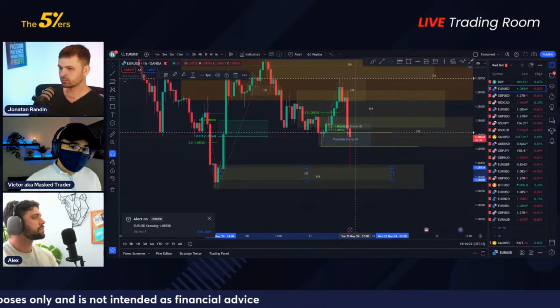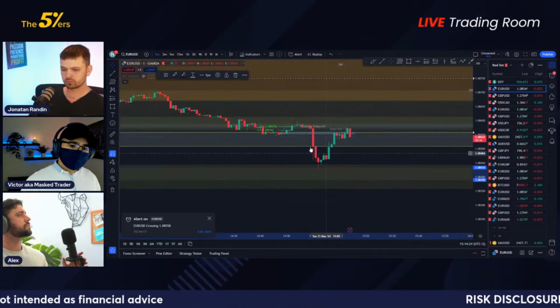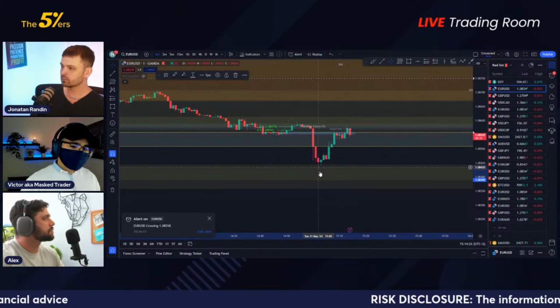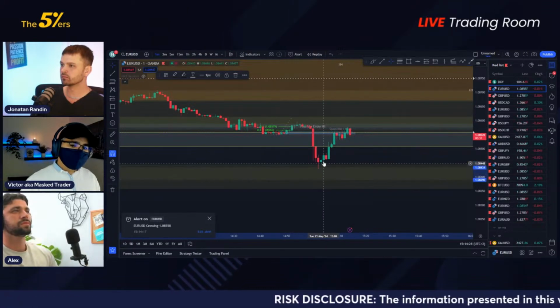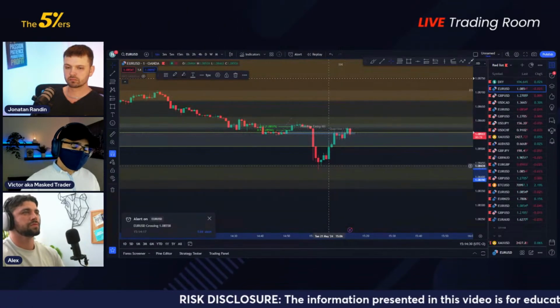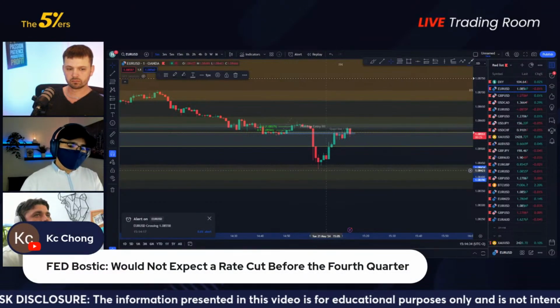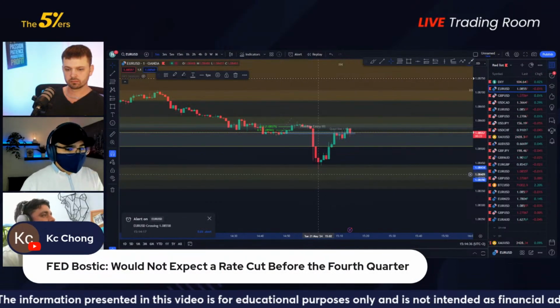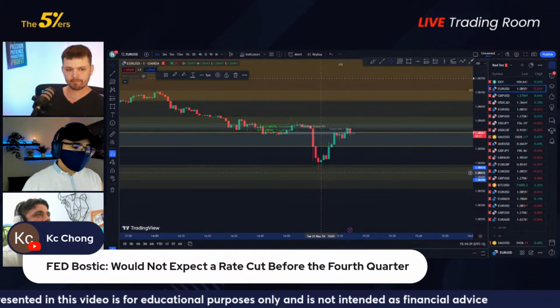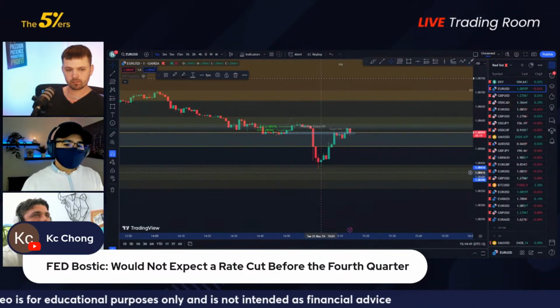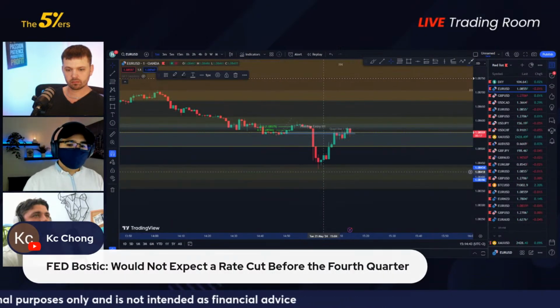If you go to the lower time frames, look at that move. It goes quickly, interacts with that order block, and moves away very, very fast. To me, that tells me there are buyers that are willing to buy the market at this area. Will that be enough to turn the market around? We don't know. We'll have to see for the close in 40 something minutes.